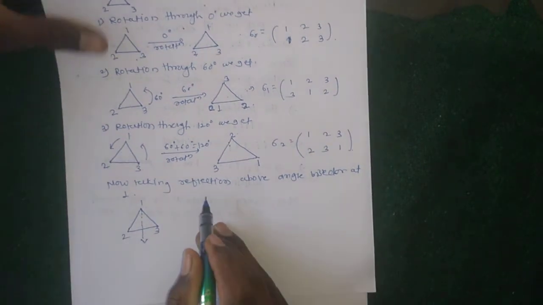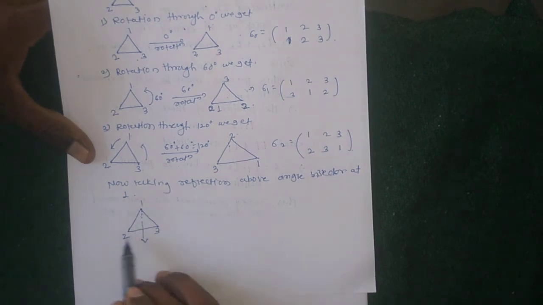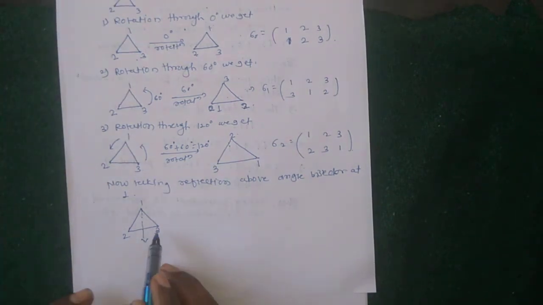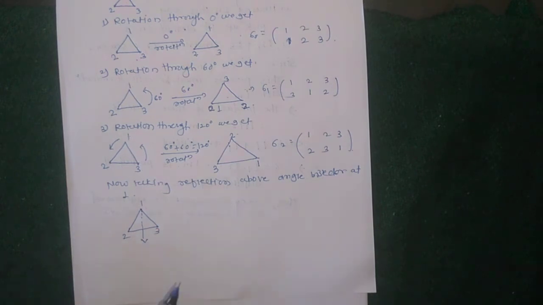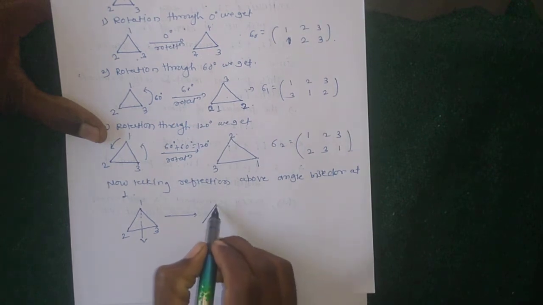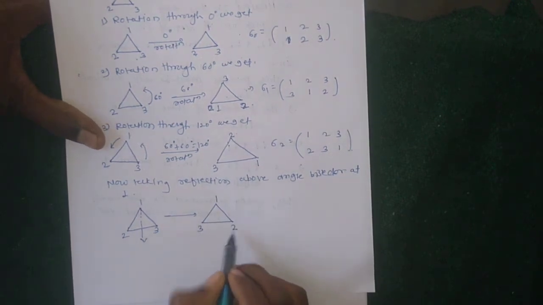If this triangle has reflection, then 1 has position 1, but only the positions of 3 and 2 change: 2 has position 3 and 3 has position 2. So the triangle exists in the form 1 3 2.